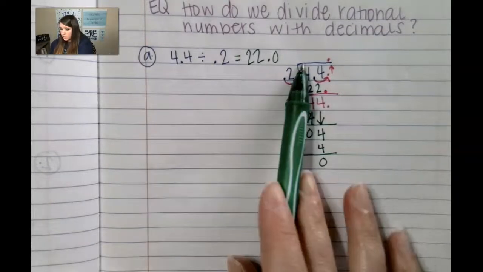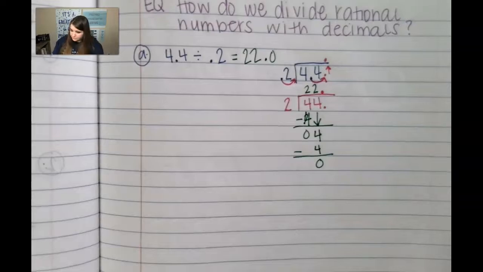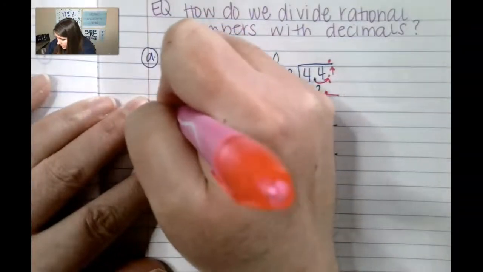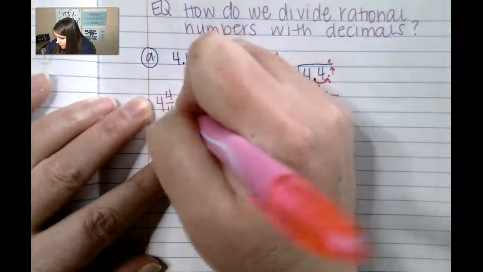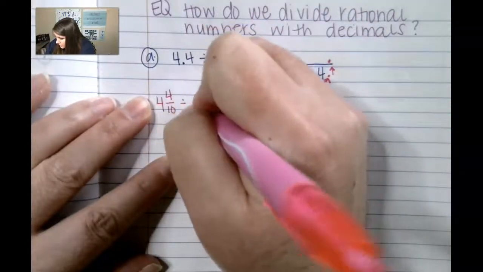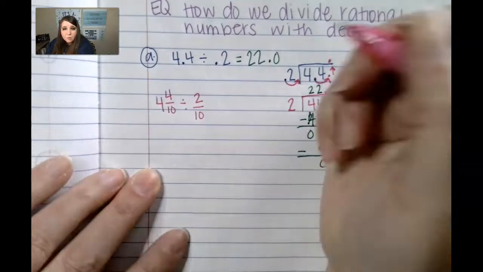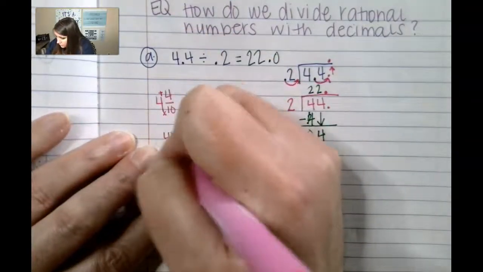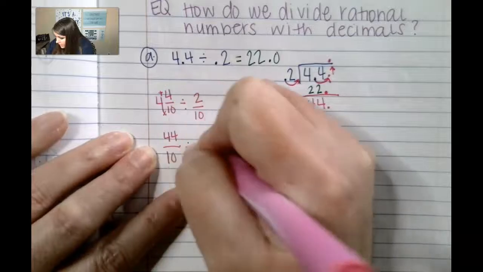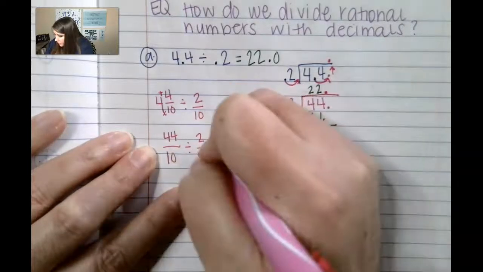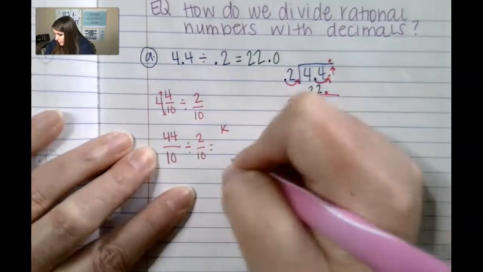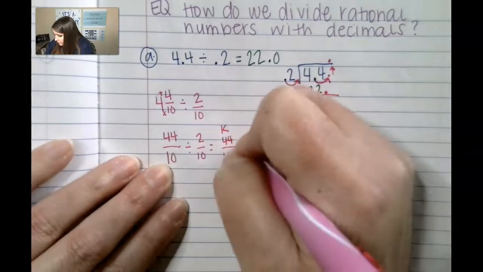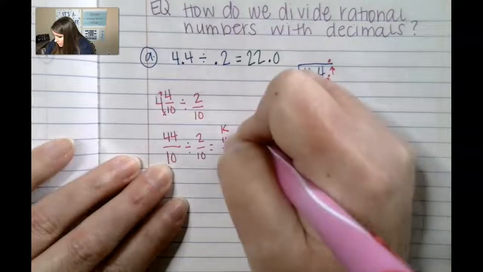If you wanted to work this as fractions, so that this was 4 and 4/10 divided by 2/10, you could do that if you wanted to. You can multiply and add so that you have 44 over 10 divided by 2 over 10. We're going to keep, change, flip. Keep 44 over 10. Change it to multiplication.